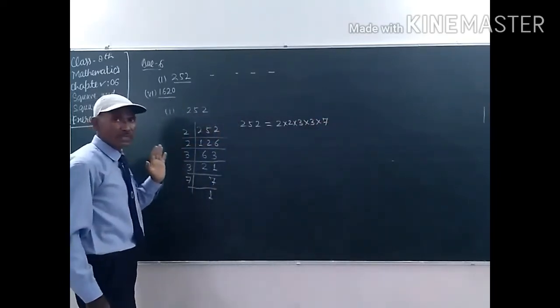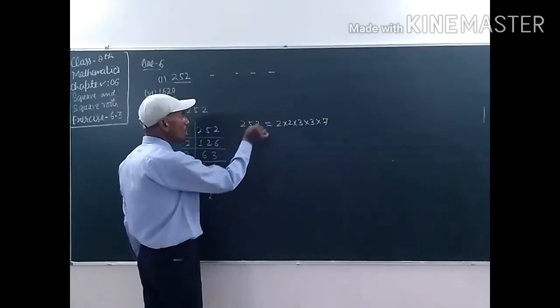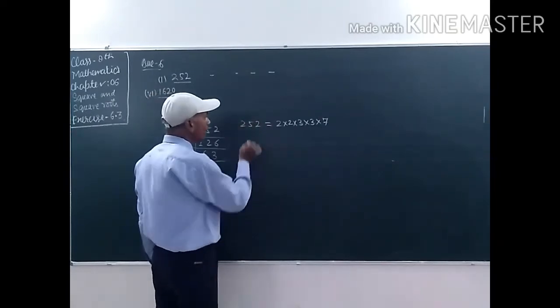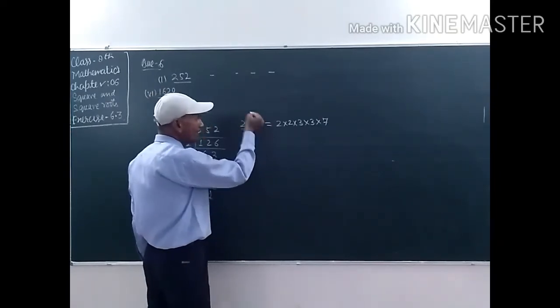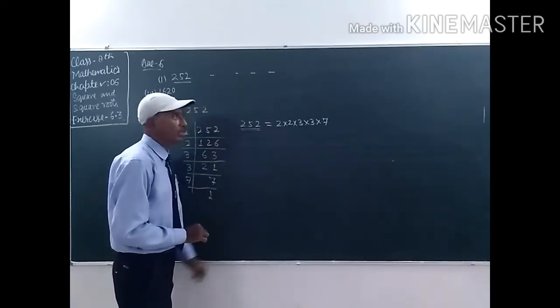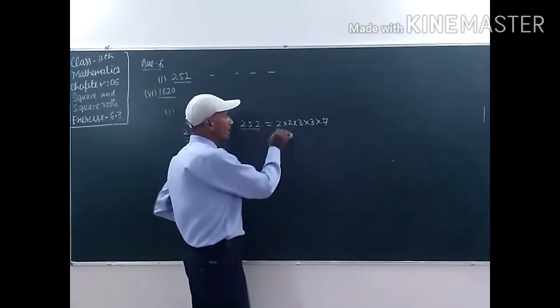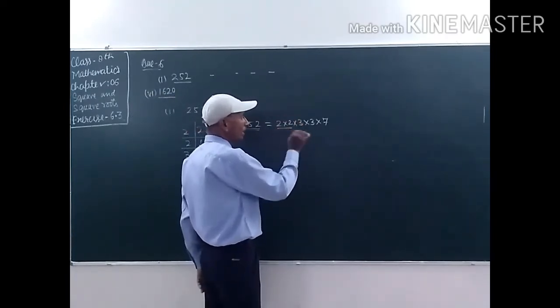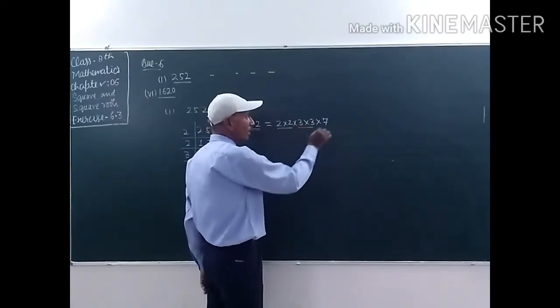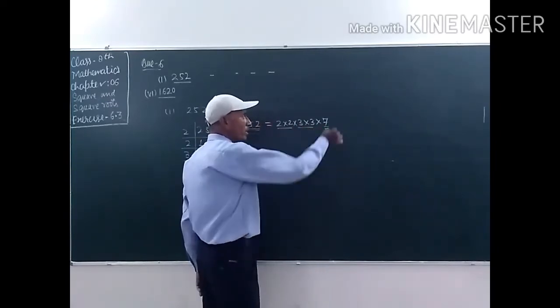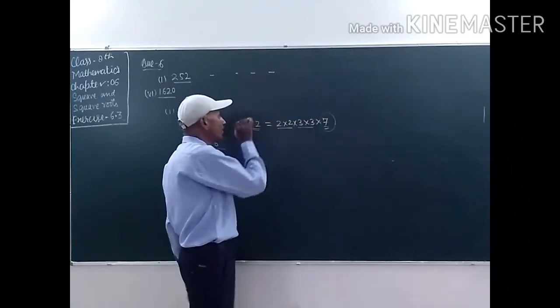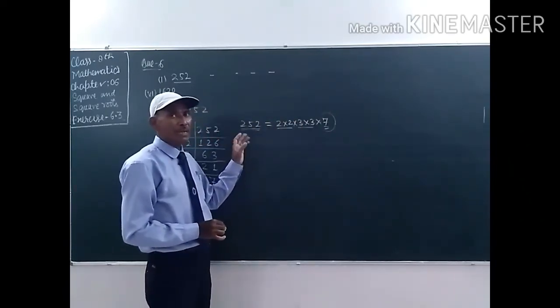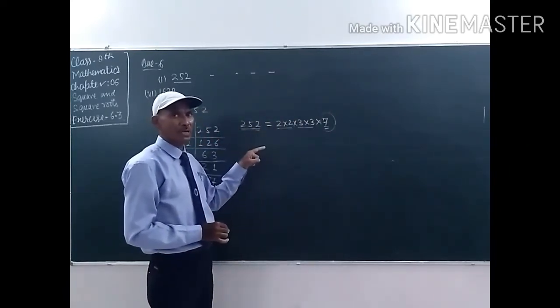Clear? Now we have to divide this number by the smallest number to make it a perfect square number, student. So we find that this one is in pair, this number is also in pair, but 7 is not in pair, student. So if we divide this number by 7, then it will be a perfect square number, student.